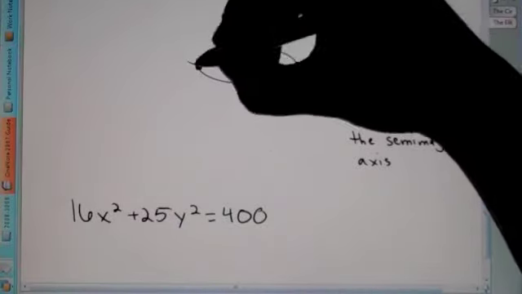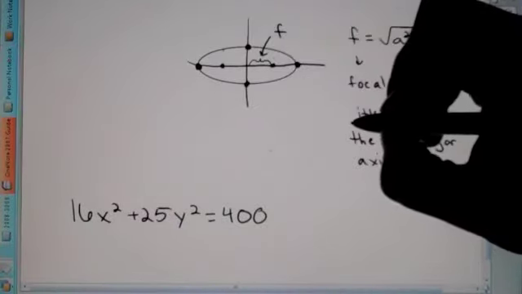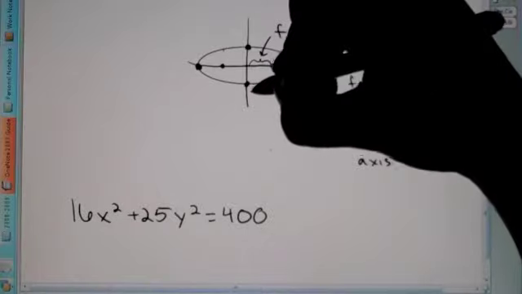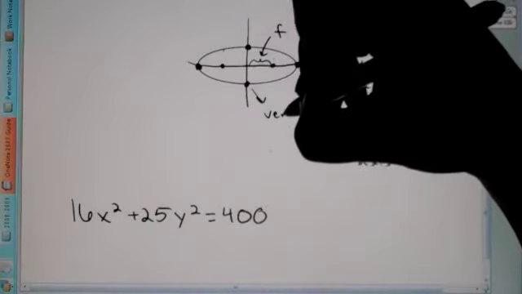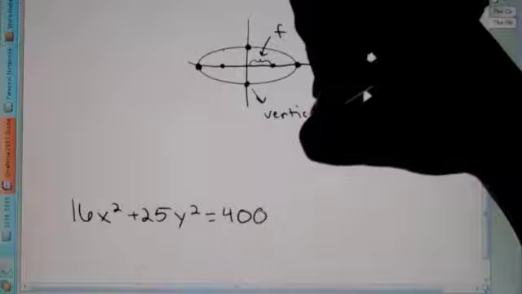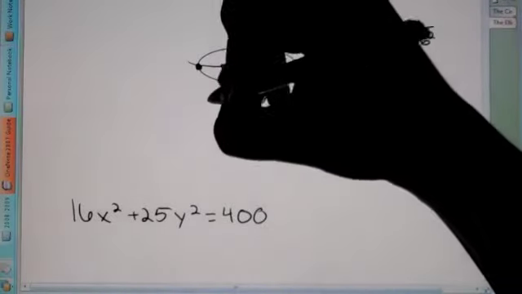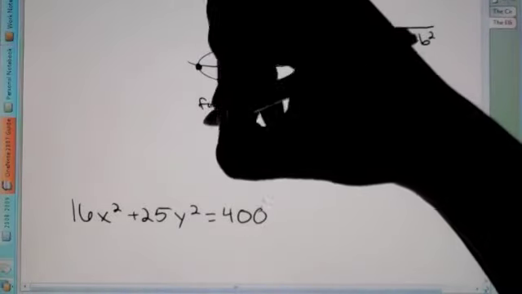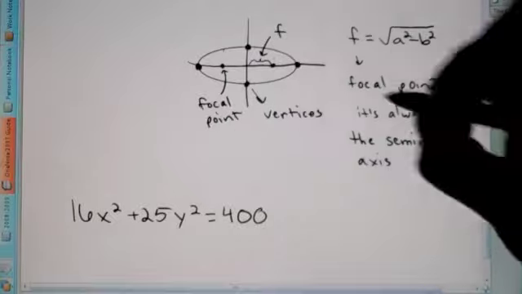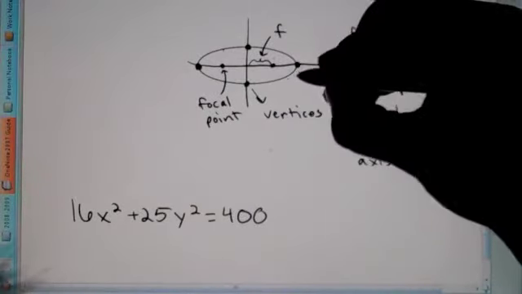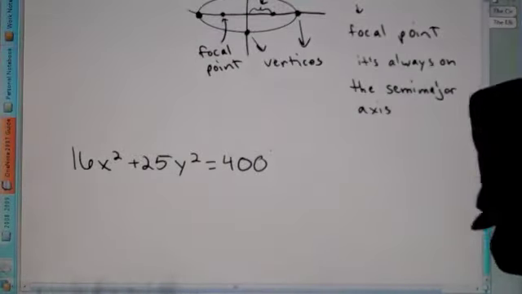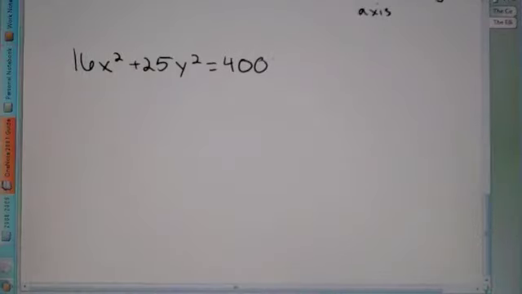At the far ends of the ellipse, those are called vertices. And these are the focal points. That, focal point, okay? Those are both vertices.